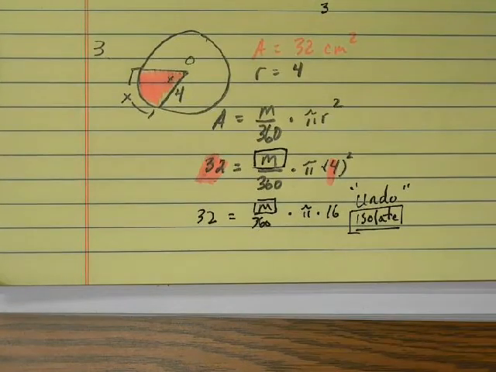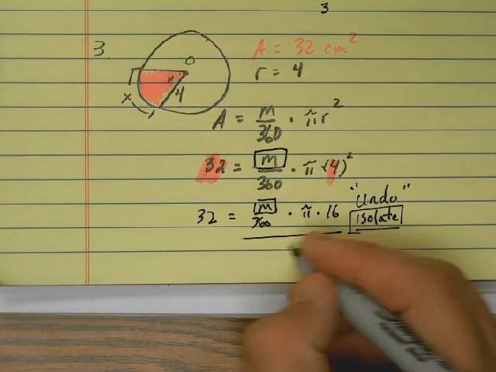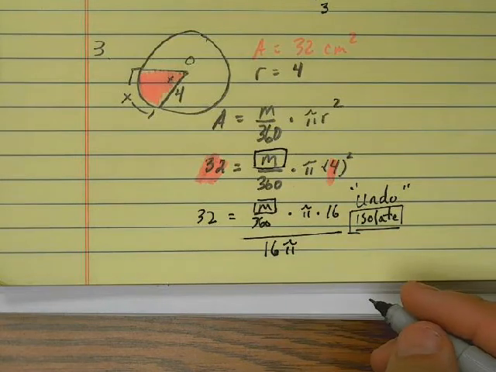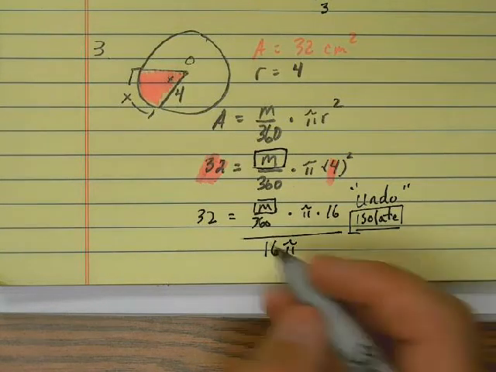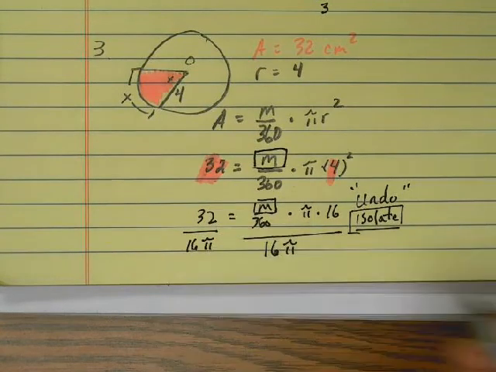Okay, so here we go. First thing I'm going to do is divide by 16 and divide by pi. Whatever I do to one side, I have to do to the other. So I'm going to go 16 pi over here. Everyone okay with that? We good?